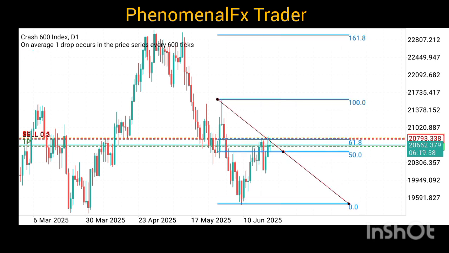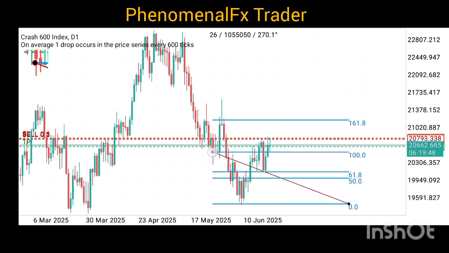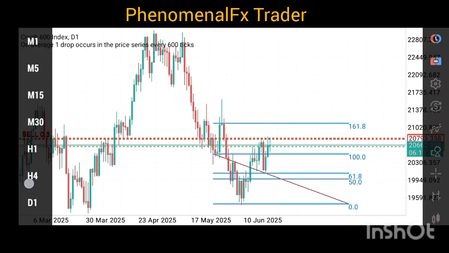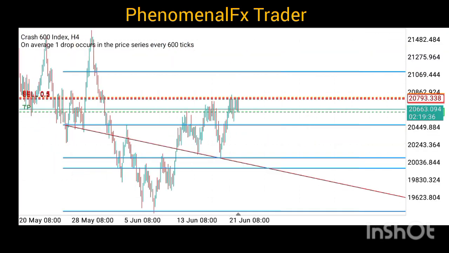Then you pull it up to this level, you see it's around the 61.8 percent Fibonacci retracement. And if you want to consider this other high here, because it's a daily time frame, on the 4 hourly time frame you will notice this is actually a high at this point. If you go down to the 4 hourly time frame, it's another high there.